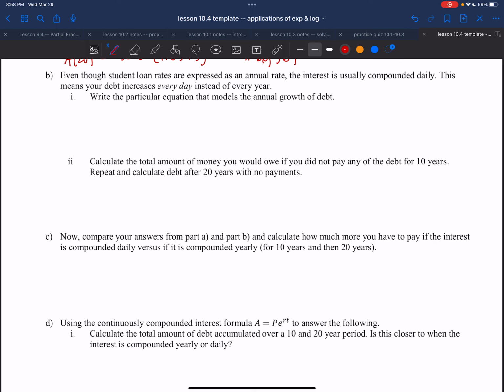Once January 1st hits, boom, percentage increase. Your loan is bigger now. However, if it's compounded daily, that means every day it's increasing. That percentage rate is applying to your loan every day.